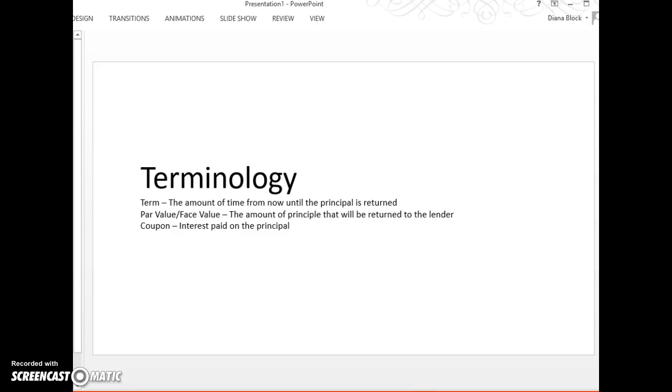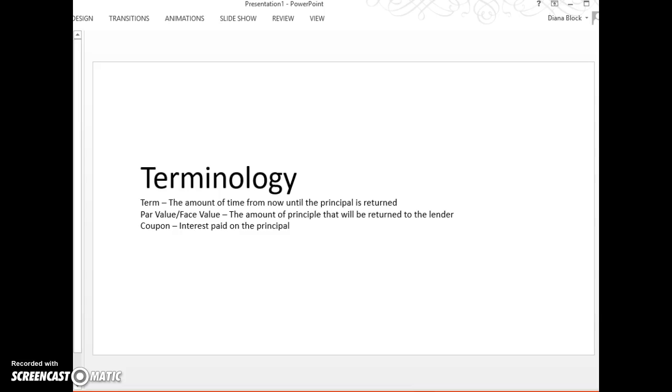So the coupon rate is a percentage of the face value. Generally, the coupon payments are going to be made twice a year, so we're going to assume that it's an every 6-month payment. So if you have a 10% coupon payment, what you're going to get is 5% every 6 months. Unless we specify something different, that's the assumption we're going to make.